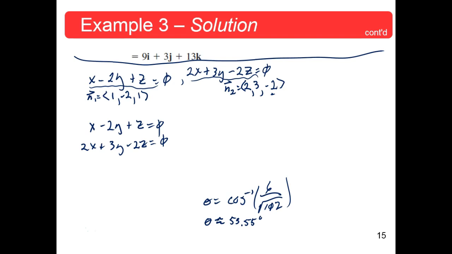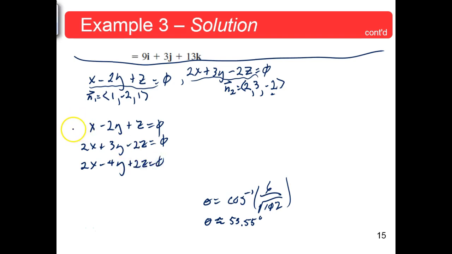So in other words, what I'm going to do is multiply the first equation by 2 and add it to the second equation, eliminating the z. They did this one by multiplying by minus 2 up here. Then you have to change signs. You might make a sign error. Really easy to do this. So let's multiply by 2. And that would be 2x minus 4y plus 2z equals 0.